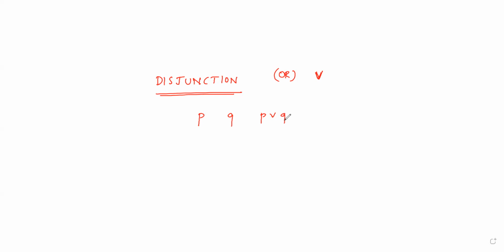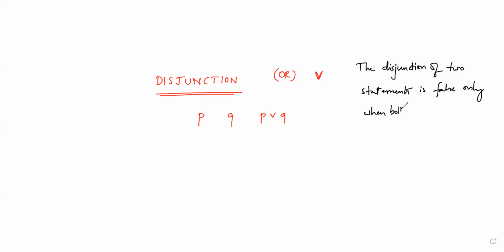So in p or q, whenever we write like this, you have two statements p and q. And what will happen is, first, the disjunction of two statements is false only when both statements are false.